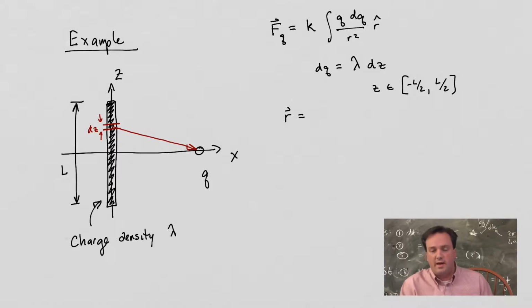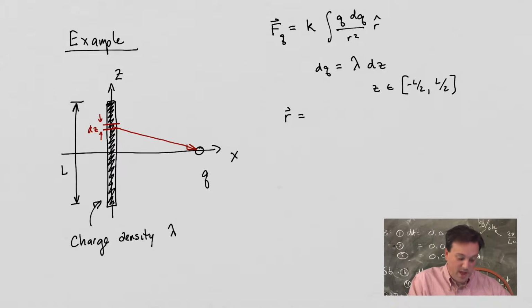Again, like we saw in the last video, things really start to come together when I do these simple examples, because this vector r is something that I can define by looking at the diagram. I know that the vector r points downward and to the right. It's going to have an x component that corresponds to how far away q is on the x-axis, and a y component that corresponds to my vertical distance.